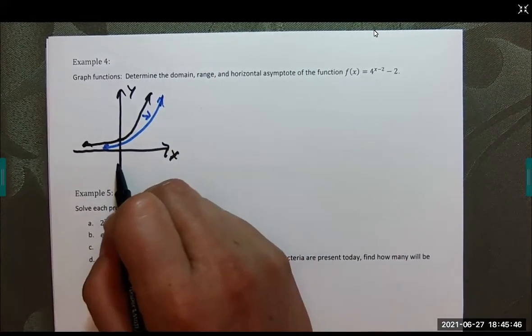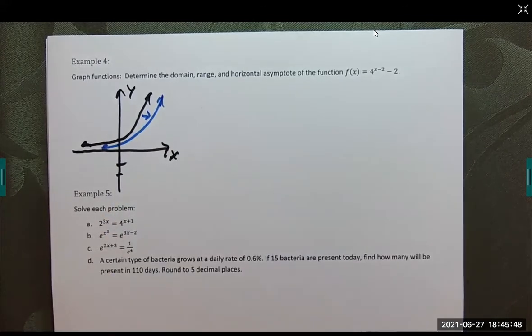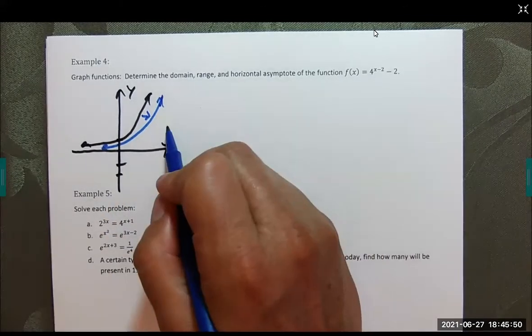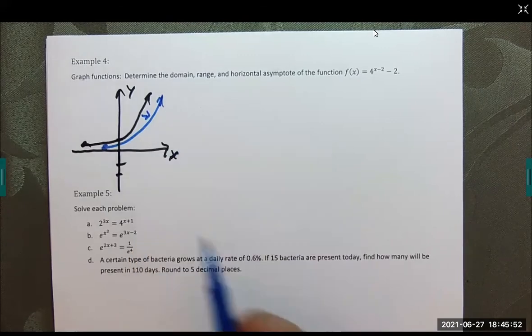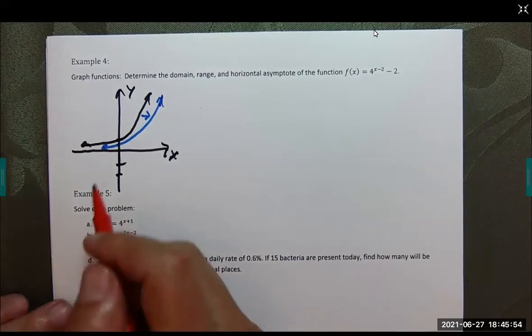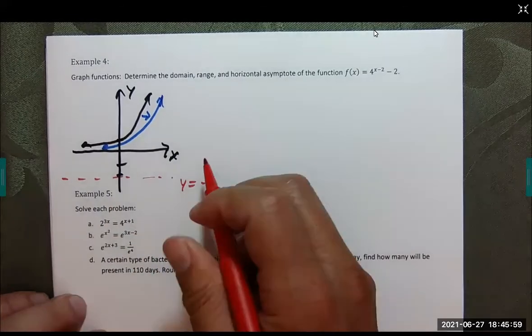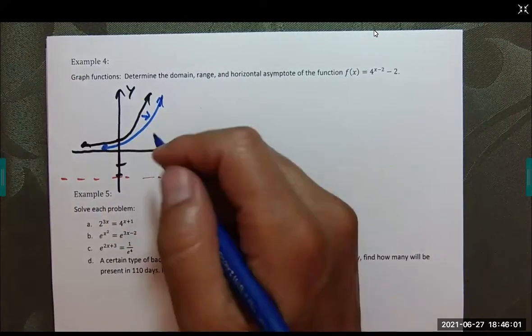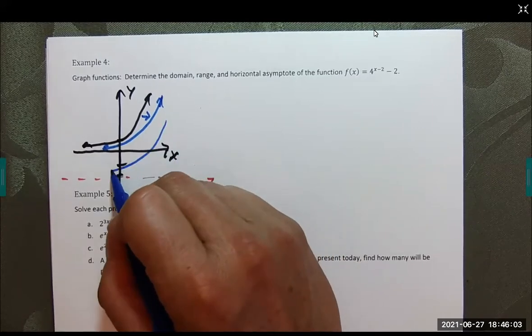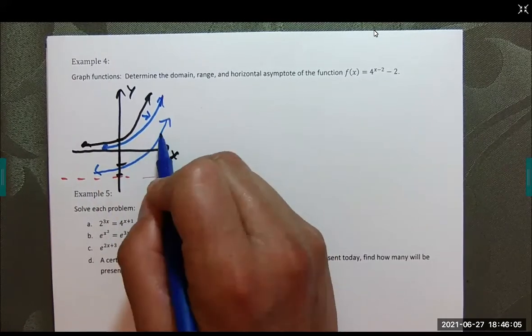And then this last one is going to be shifted over, but we're going to have our new asymptote down here at y equals -2. So it's shifted over and shifted downward.